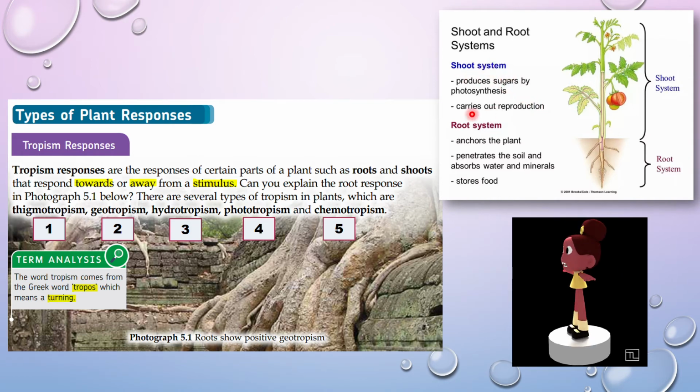Also, the shoot system is able to carry out reproduction because flowers are the organ of reproduction in plants. The root system functions to anchor the plant, penetrate the soil and absorb water and minerals, and some of it also serves as organs for food storage.